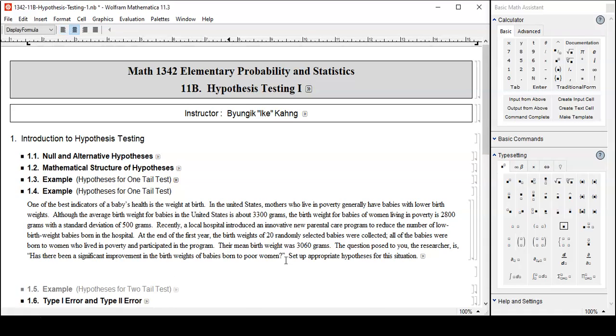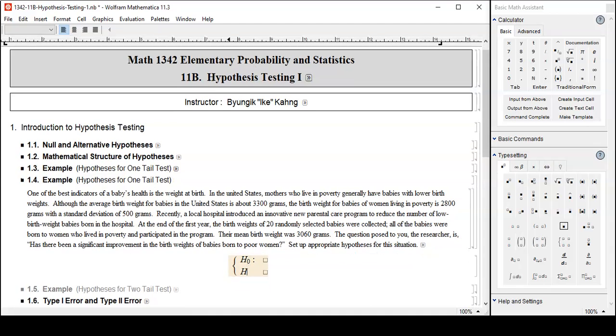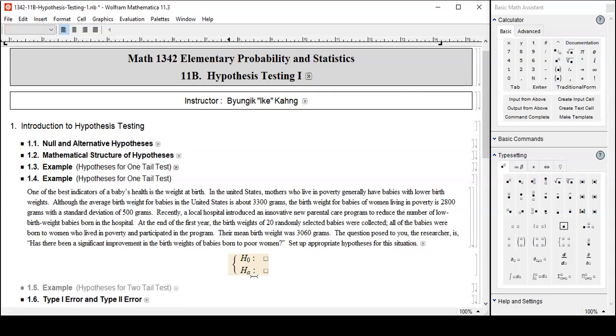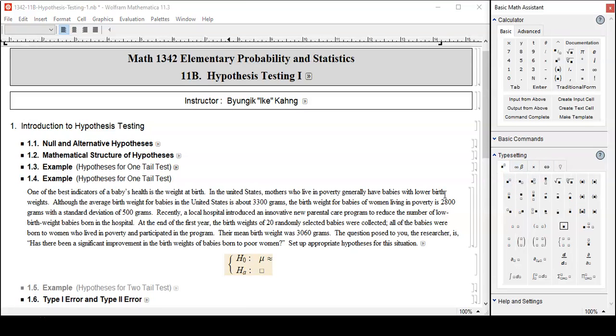Well, all right. Let's begin. Null hypothesis and alternative hypothesis. The mean is about, we have a problem. We have several competing numbers. 3,300 grams, 2,800 grams, 3,060 grams.